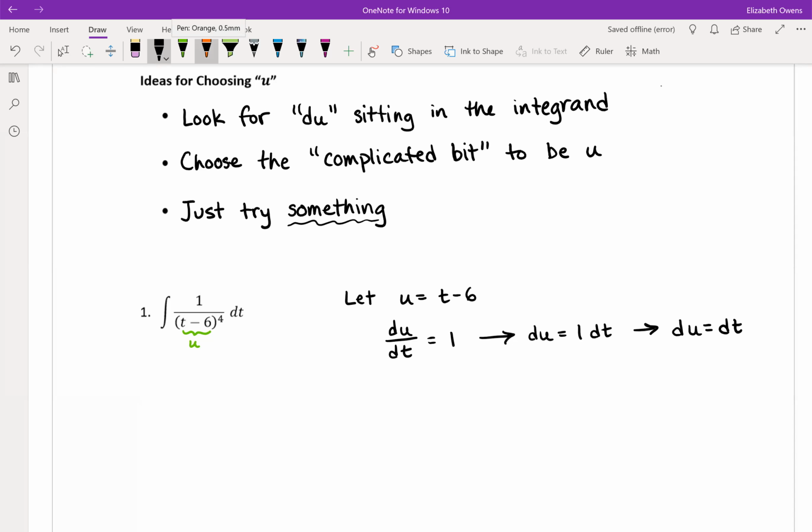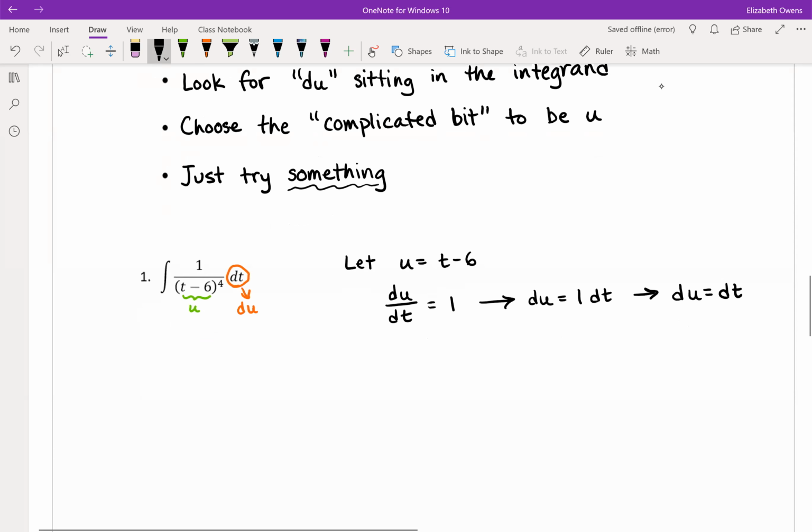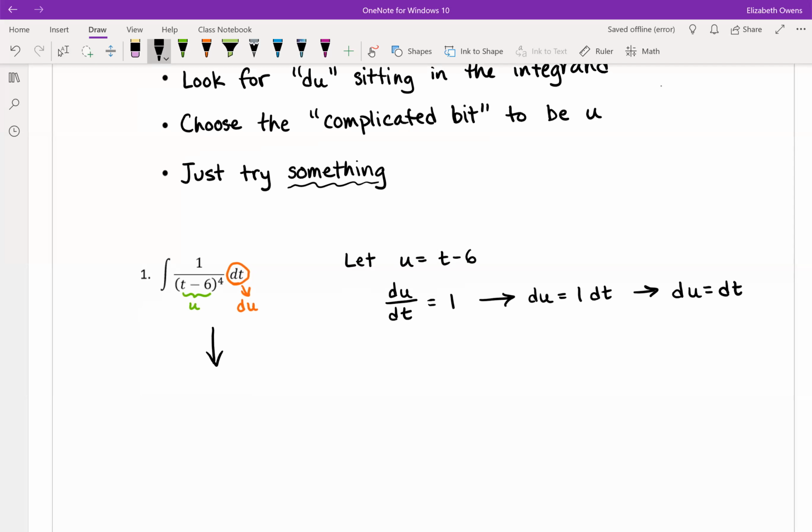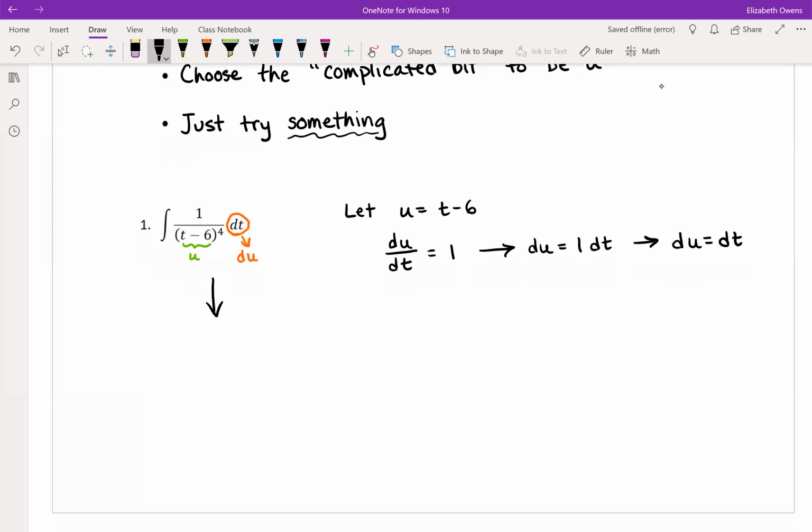And so we can see that this dt right here is actually going to get replaced with du, because du equals dt.